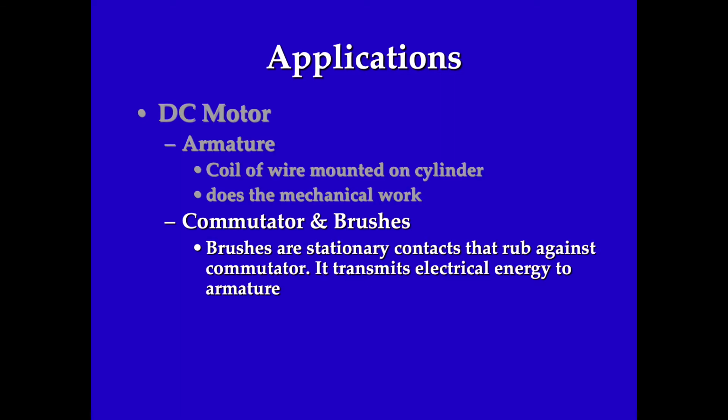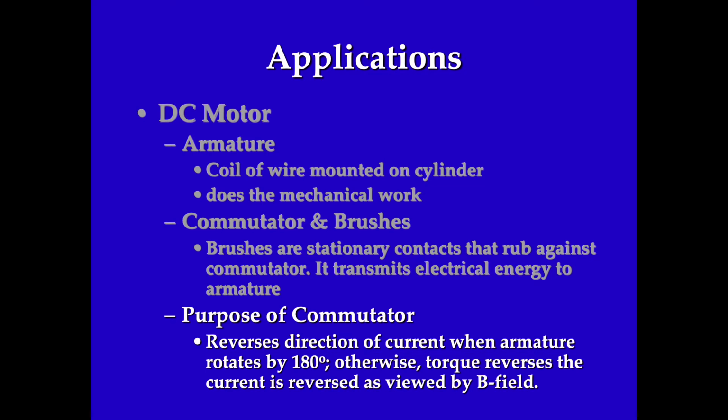And then the other is the commutator and the brushes. The brushes are basically stationary contacts that rub against the commutator. The brushes transmit the energy from the power supply to the commutator and the armature.